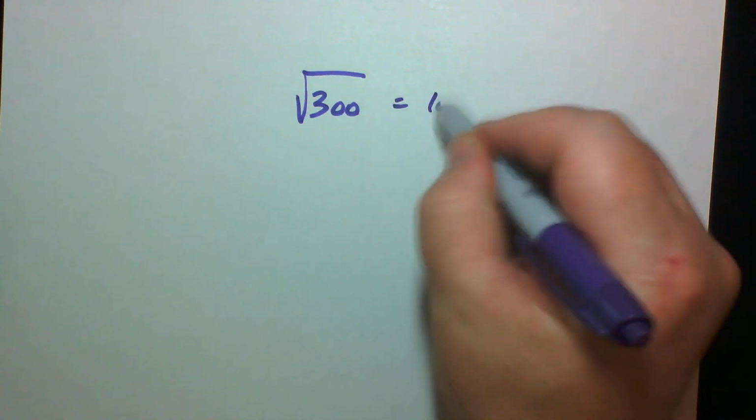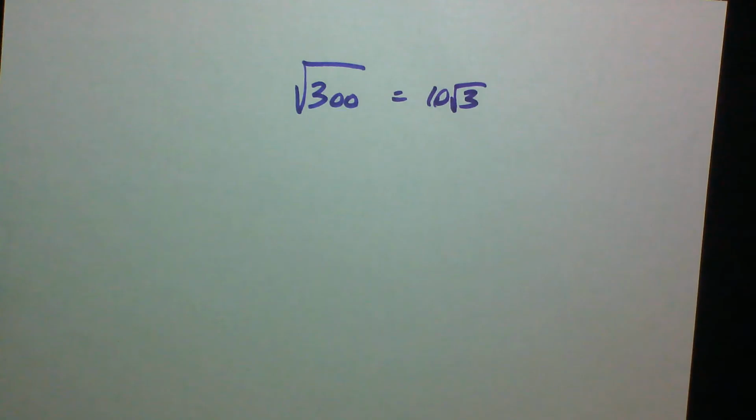It's easier. Oh, wait. Is it 10 and 3 or no? 10 root 3. Right. So it's 10 times the square root of 3. That's how you say it. If you wrote 10 times the square root of 3, you're right. Justin, you get it or no? You did 3 root 10?